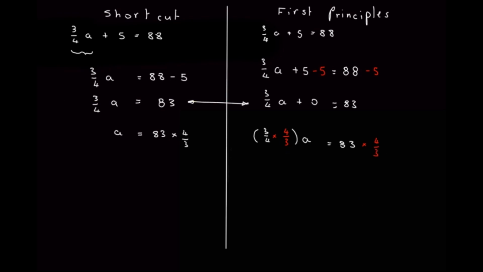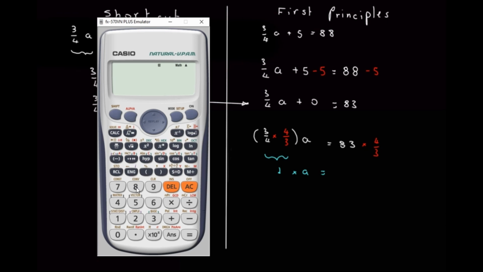This becomes 1. Not written, but there's a times there. Equals. Now look, if you're not sure, 83 times, let's use the fraction, shall we? 4 over 3.